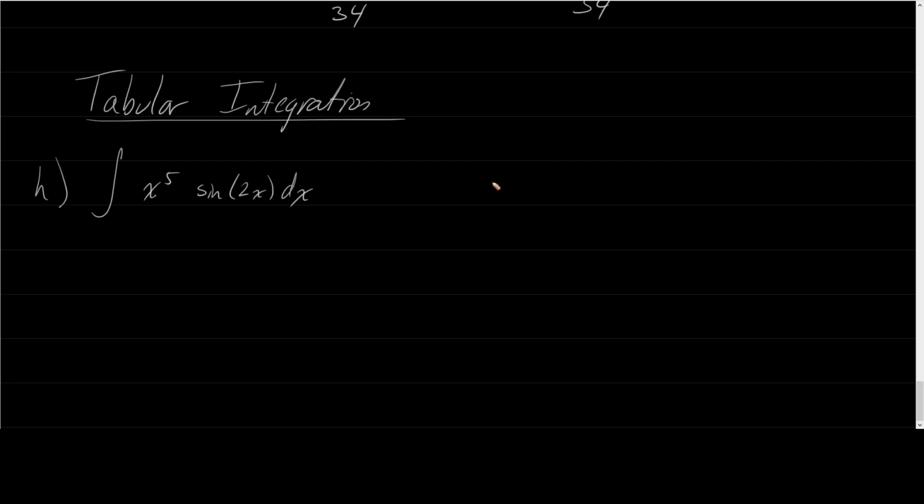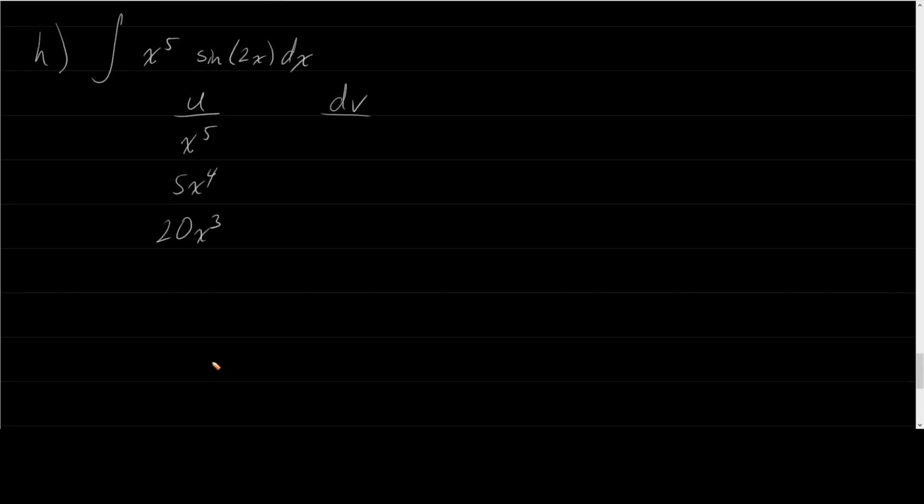So what we're going to do here is set up a table. The table is as follows: a column for u and a column for dv. We're going to start by taking derivatives. We start with x to the fifth, take the derivative, 5x to the fourth, take the derivative, 20x cubed, and we do that until we have no more derivatives to take.